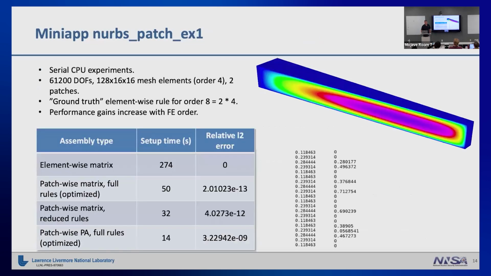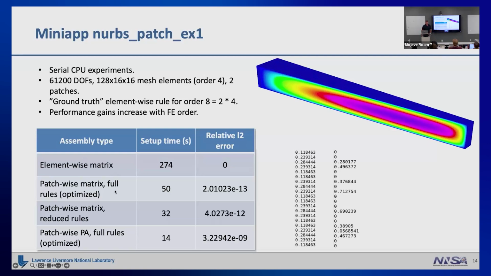So here's an example where we had two patches. Looks like they're 64 by 16 by 16, and we had order 8 elements. So the ground truth integration rule, element-wise, would be for order 8 for the diffusion integrator. And if you do element-wise matrix assembly, like before this PR, it would have taken 274 seconds.